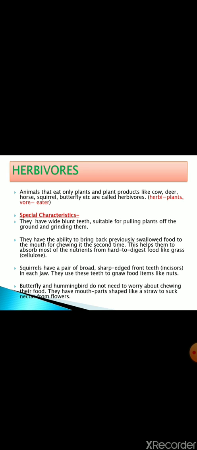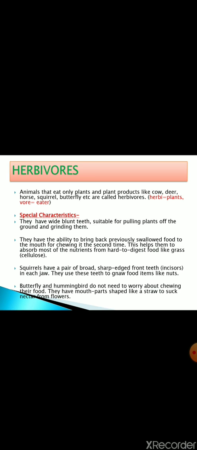When they eat grass, they eat it hastily, very speedily, and once it is eaten, it goes into their stomach. Because their stomach structure is different from other animals, the undigested part comes back to their mouth, and again they chew it a second time. By doing this, it helps in the digestion of those plants.